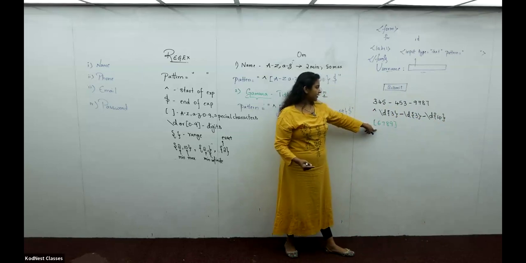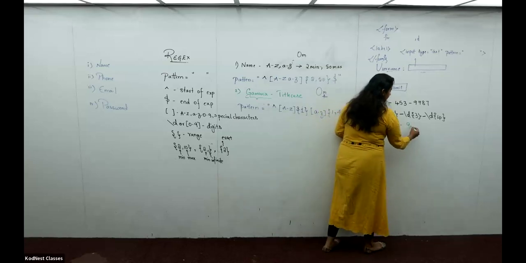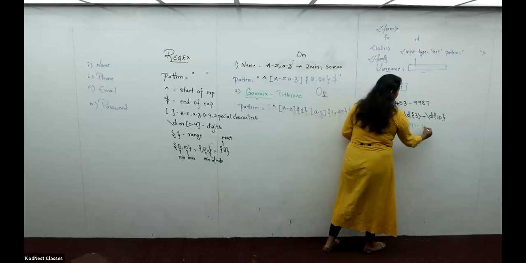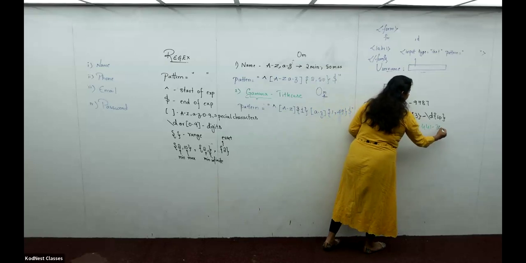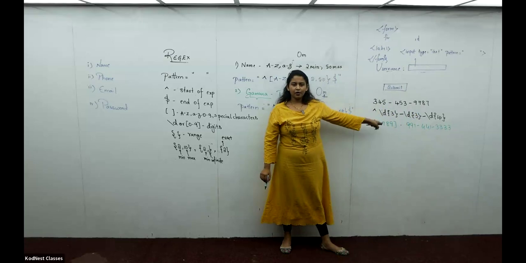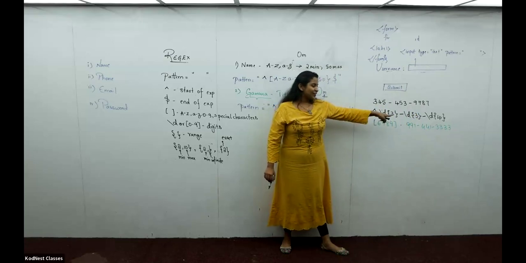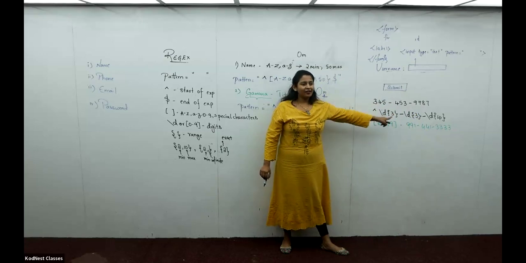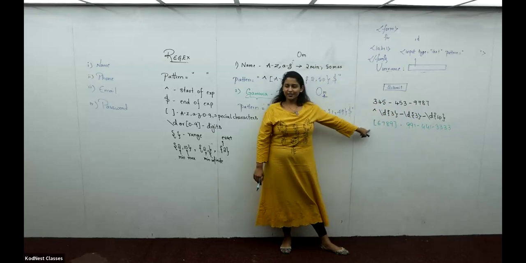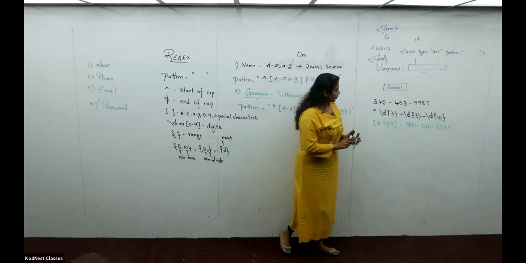So how can you write an expression for this? My phone number should start from 9 or from 6. So how do you write a pattern?